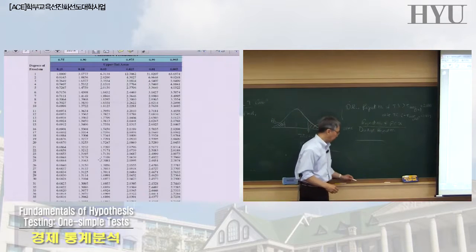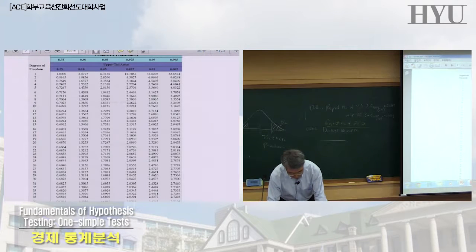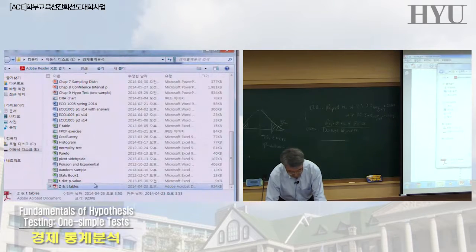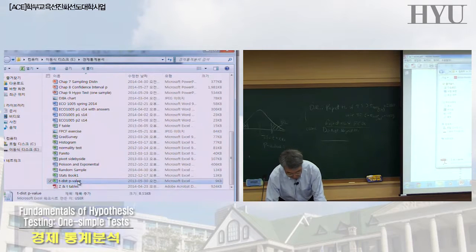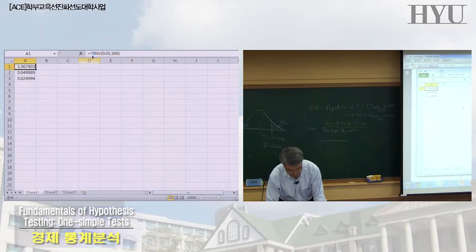Well, let me show you how to do that. I think you need this for your homework problems also. Here you need to use two functions, the TINV, T inverse function, and the TDIST function.